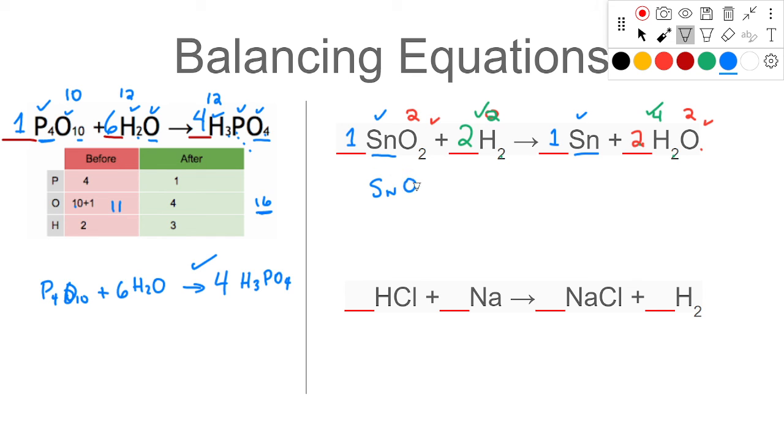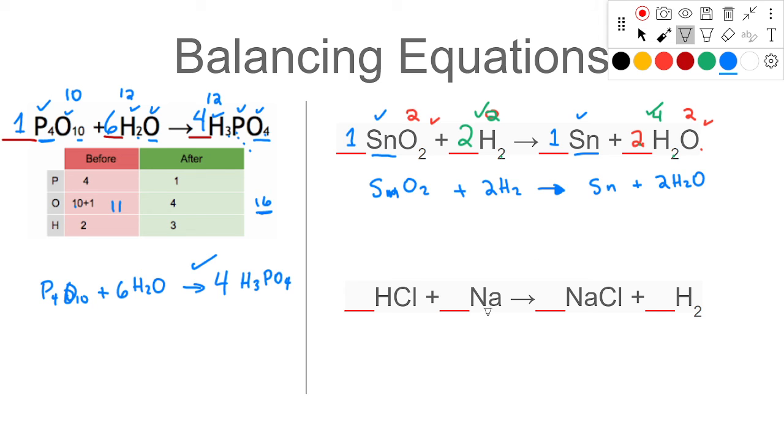There's a tin oxide. I've got 2 hydrogen molecules, for a total of 4 atoms, and that yields a tin and 2 water molecules. That's a chemical reaction that is balanced and would work out.